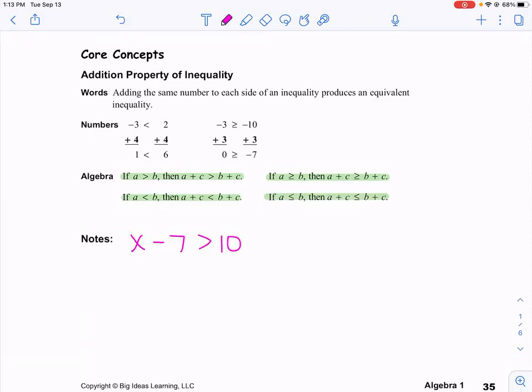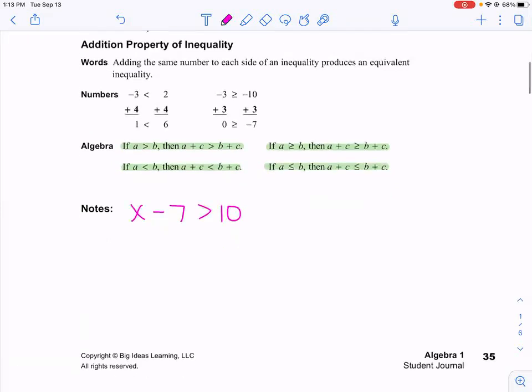All right, question, how do I get x by itself? I have x minus 7. How do I get that minus 7 to the other side? Yeah, we're going to add 7 to both sides.